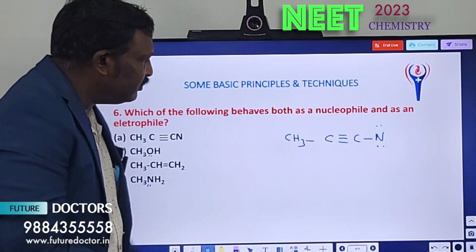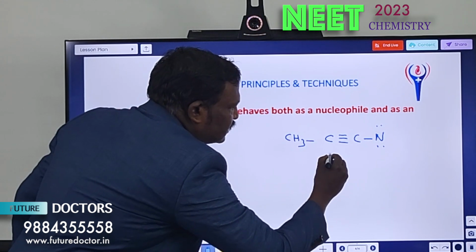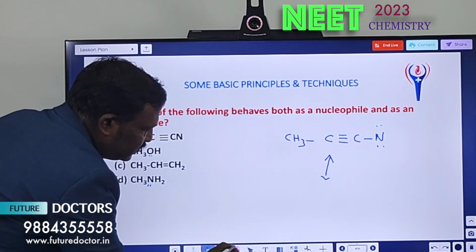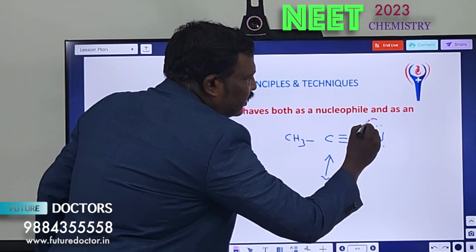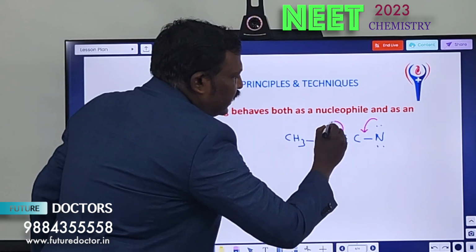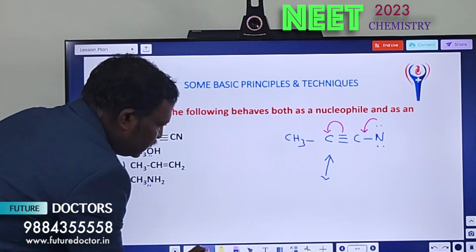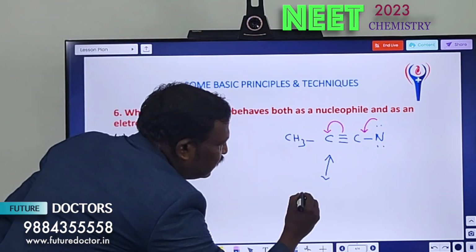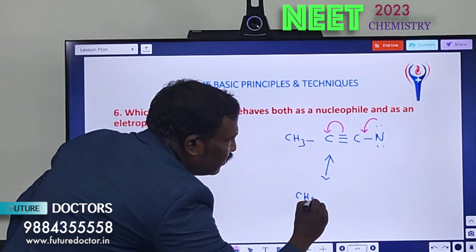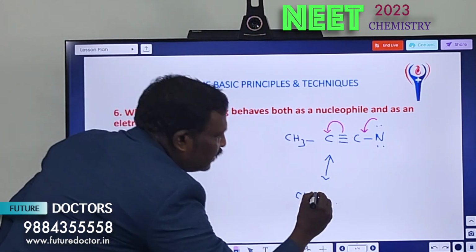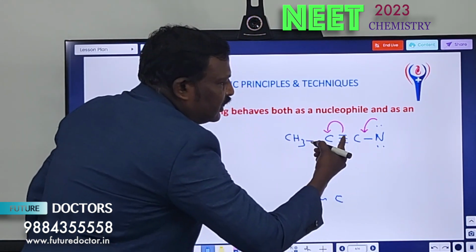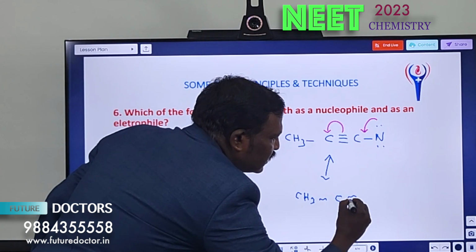Then the same thing, suppose in the resonance structure, this bond will break and the charge will be developed. What is the new structure obtained? CH3, C, and here the triple bond now becomes a double bond.